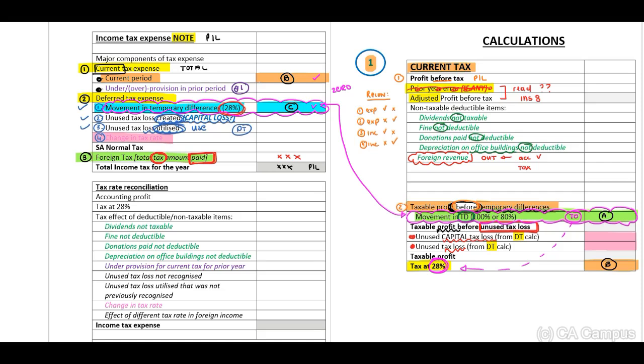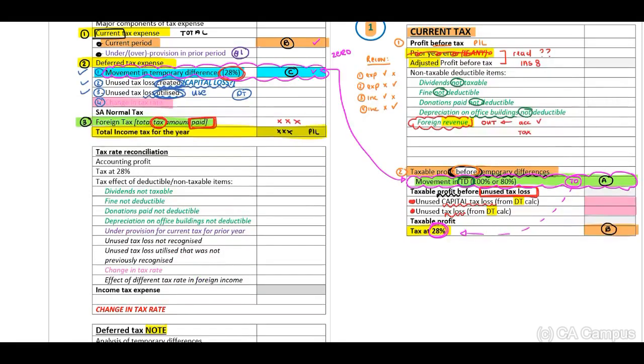Therefore, we can't include this revenue when we calculate our total South African taxable profit. Okay. Guys, please identify that it is the revenue that you need to take out and that you need to include the tax amount paid. Right. Now, we are able to include our total income tax for the year, which should agree to our profit and loss statement. Right.